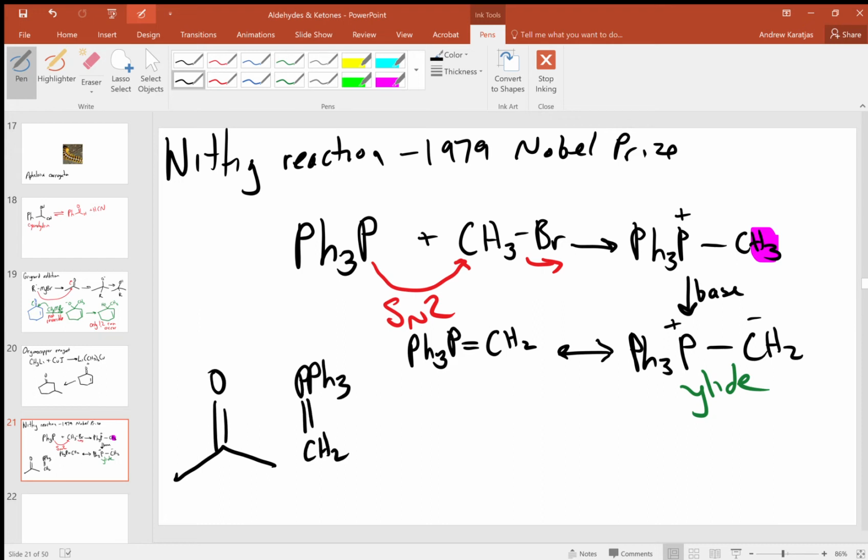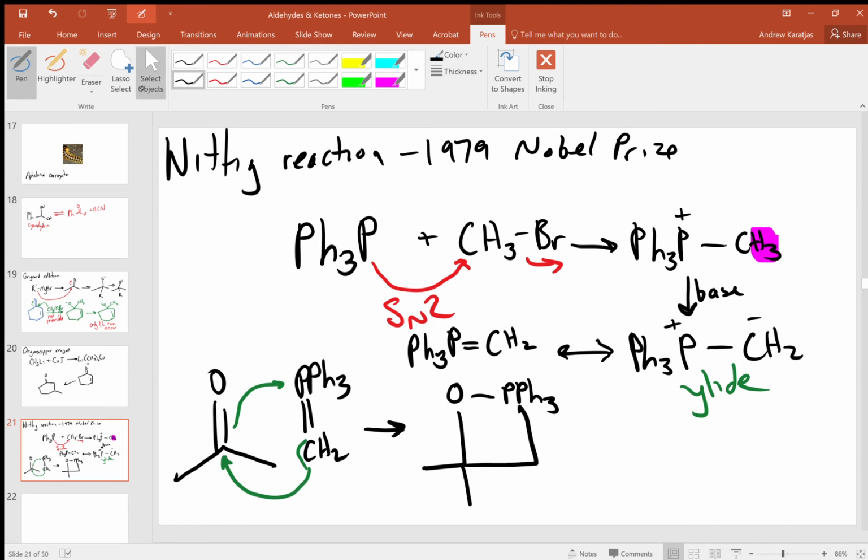But regardless of which way we draw it, the carbon has partial negative charge, phosphorus has positive charge to it, and so the carbon can function as a nucleophile, attack the carbonyl, and then the pi electrons of the carbonyl attack the phosphorus. And that gives us this four-membered ring.